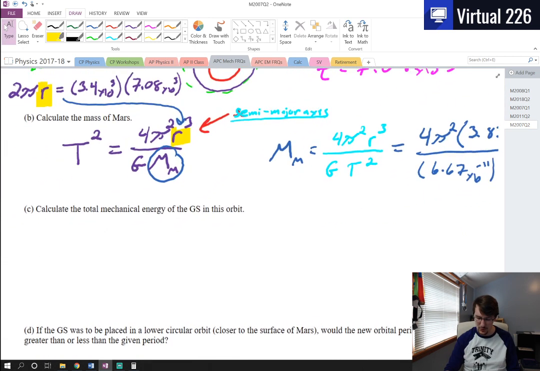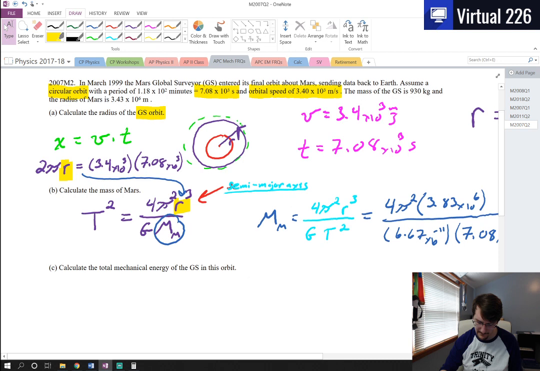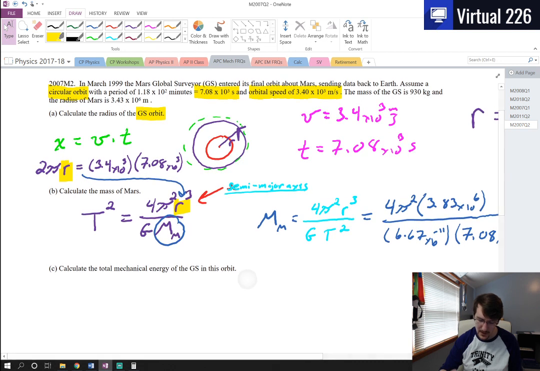If we want to get the total mechanical energy of the orbit, this requires a little bit more finesse. If they're looking for the radius of orbit in part A, you don't have to subtract the radius of Mars.